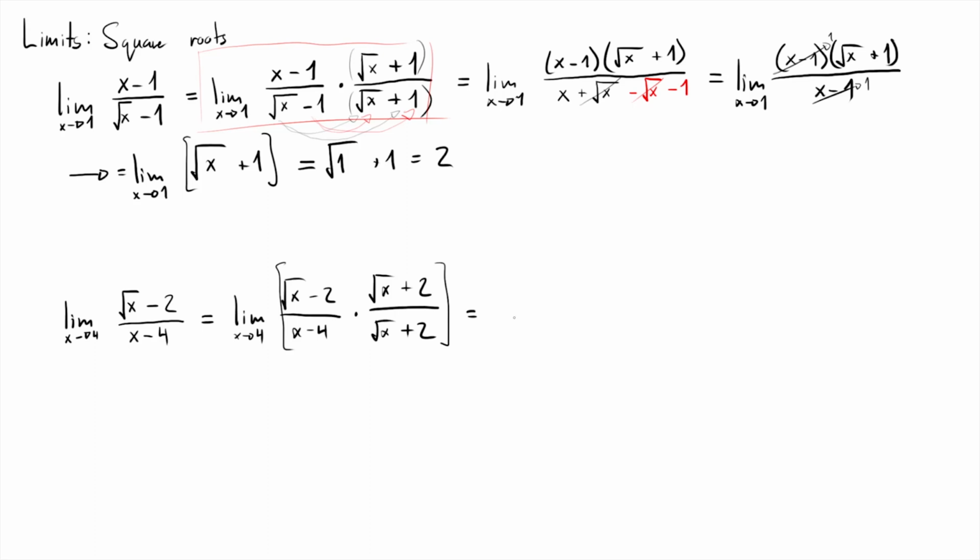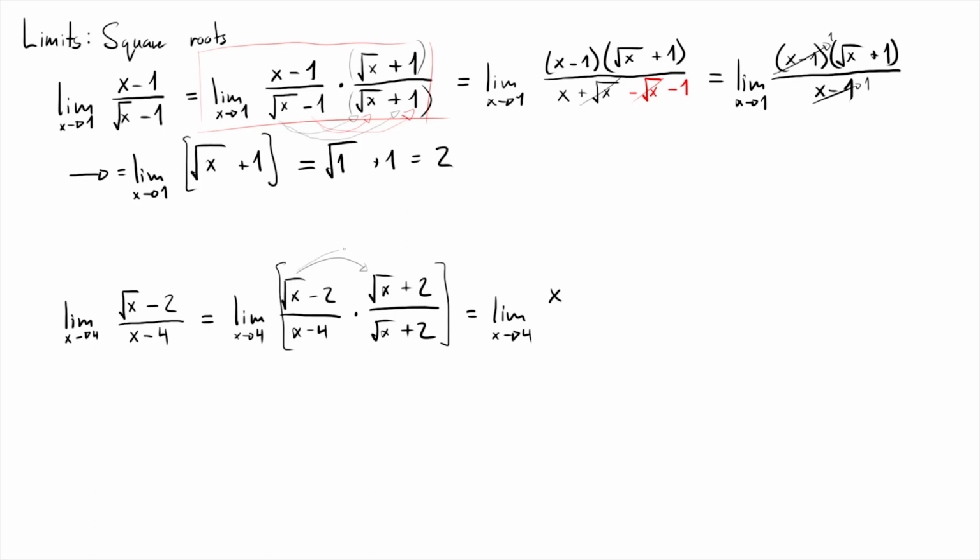Again, the limit as x approaches 4. In the numerator, I do want to expand and simplify, because I want to get rid of these square roots. So in the numerator, I'm going to have root x times root x. That's just going to get rid of the roots, and we're going to be left with x.